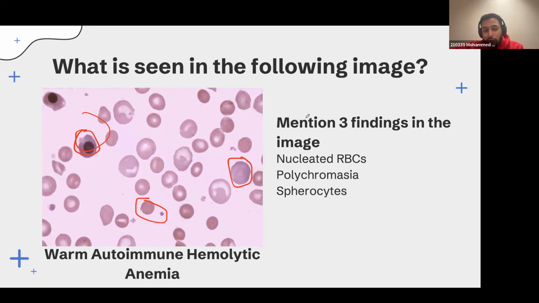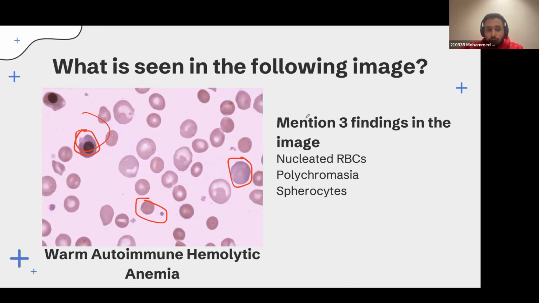Okay, now for cold type, give me the two important causes. Okay, good. So in cold type autoimmune hemolytic anemia, it will be because of Mycoplasma pneumonia and EBV causing infectious mononucleosis. Okay, so these two are the causes of cold type.